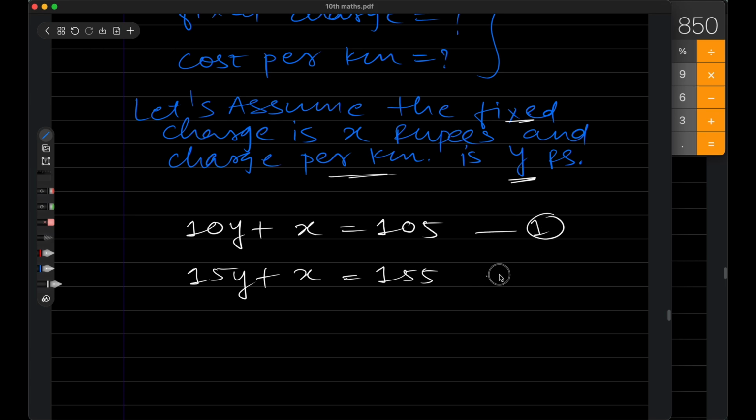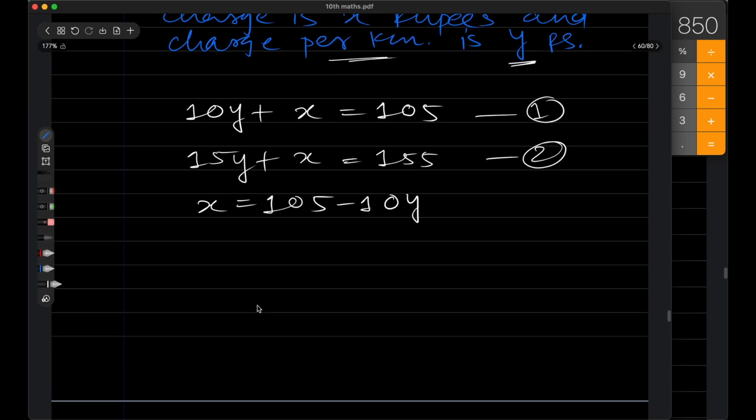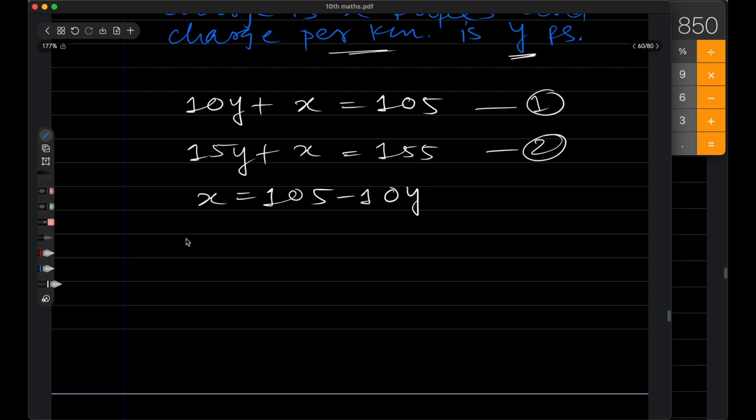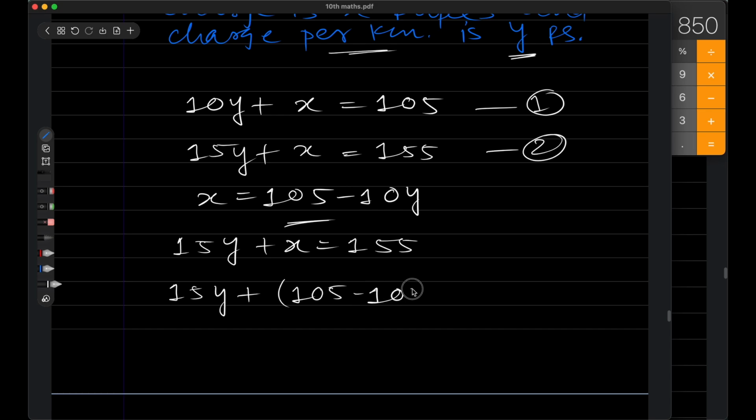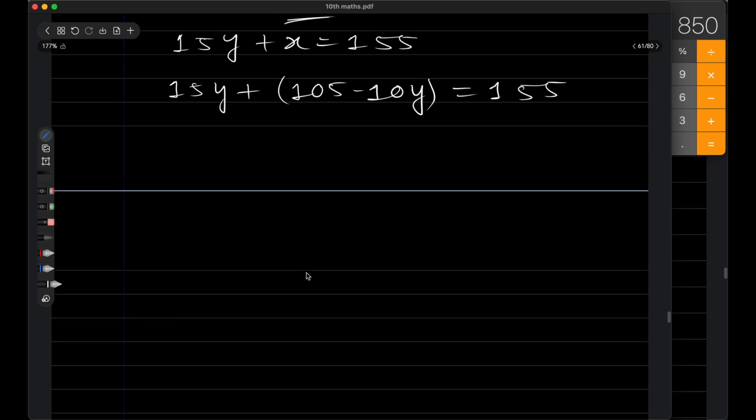We got two equations. Let us subtract 10y from the first equation. We will get x equals 105 minus 10y. Let us put the value of x in the second equation. We will get 15y plus x equals 155. 15y plus x, where x is 105 minus 10y, equals 155.